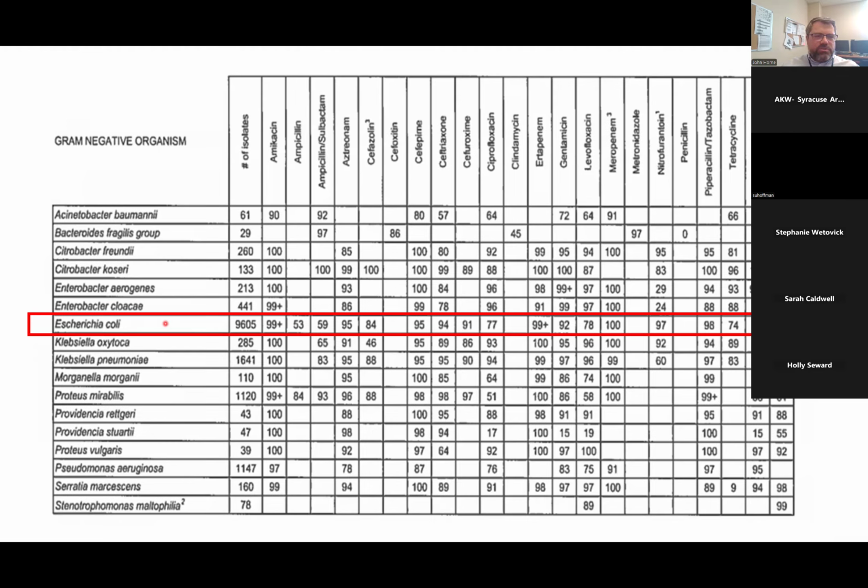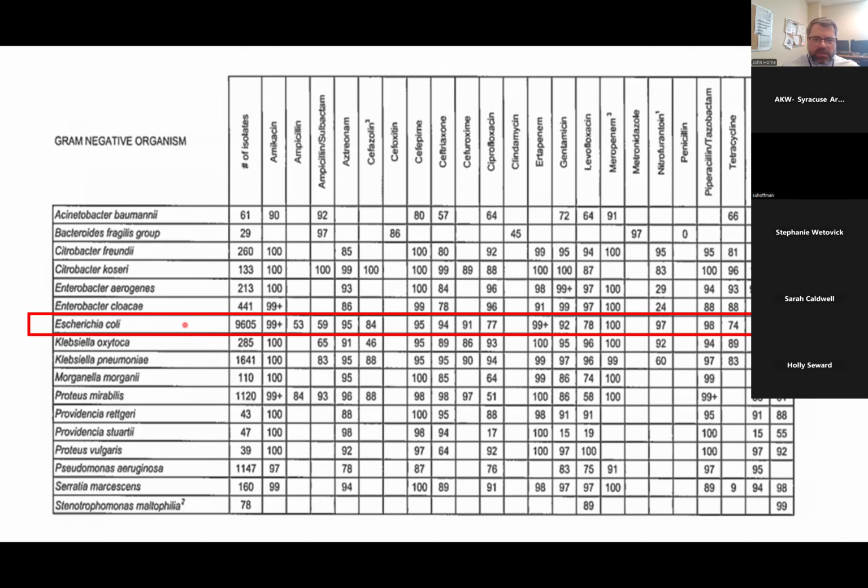The key here is to choose something that's very bioavailable. So something that if you take, you get a high percentage of that in the blood. So Keflex, cephalexin, is very bioavailable, a highly bioavailable beta-lactam, somewhat unique, and that's what you'd want to give.